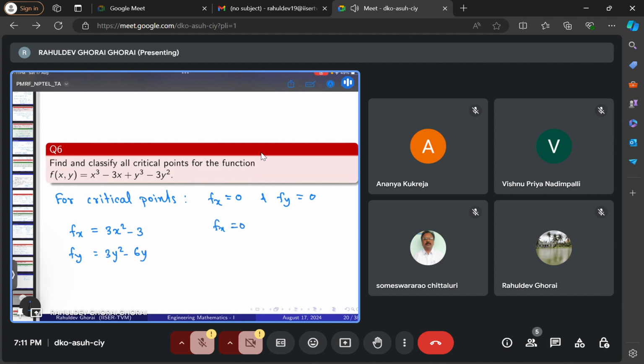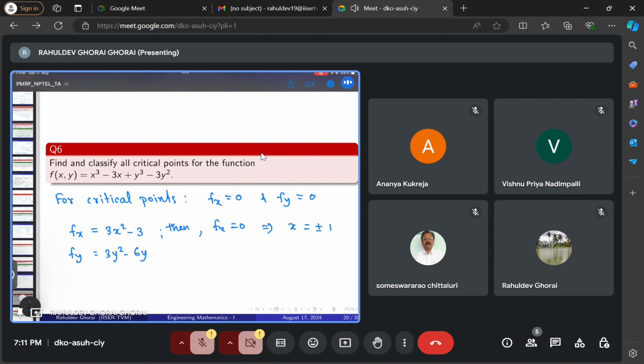fx equal to 0 implies x is equal to plus minus 1.